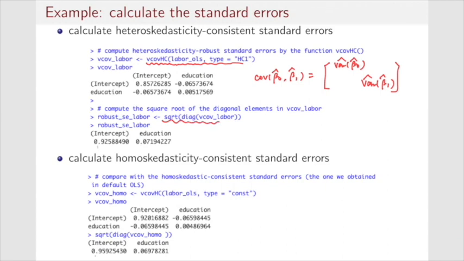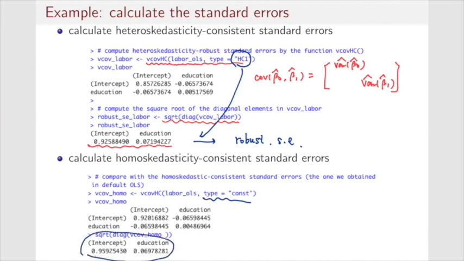If we take the square root of the diagonal elements, we will have the standard errors for beta 0 hat and beta 1 hat. Here we apply the White heteroscedasticity consistent robust standard errors, so this gives us the robust SE. Following the same procedure, if the method is constant, it will give us the standard errors, which are the same as we get from the OLS regression.